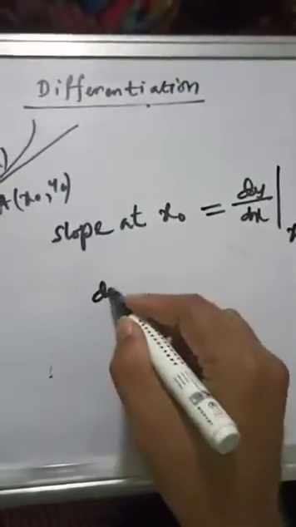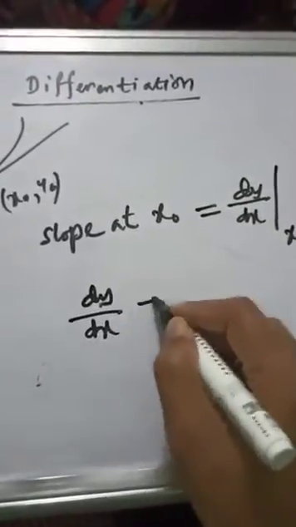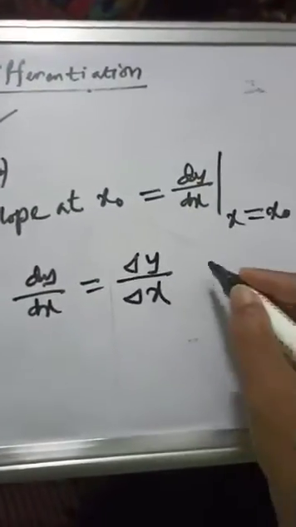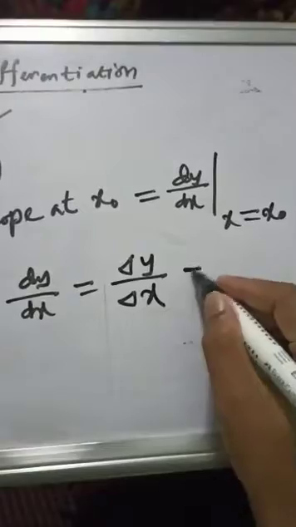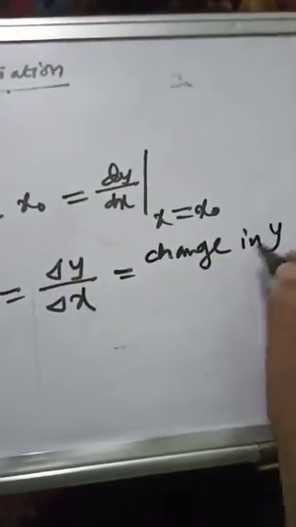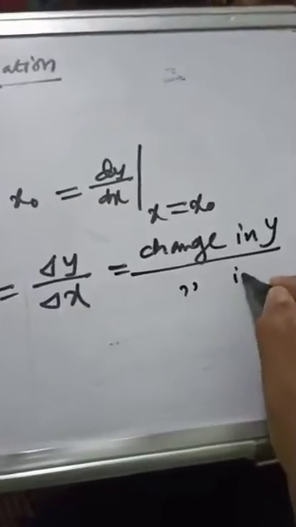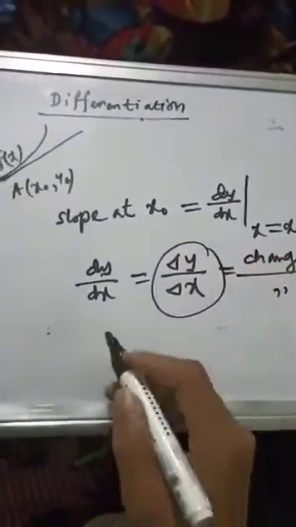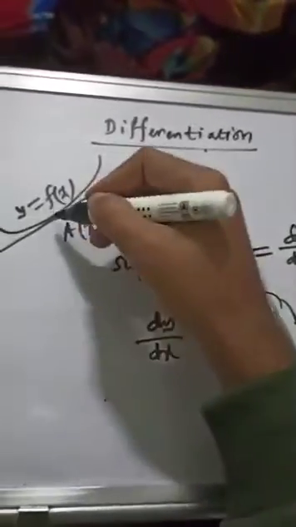Now what is dy dx? dy dx is change in y upon change in x, right? It is dy dx, its slope.